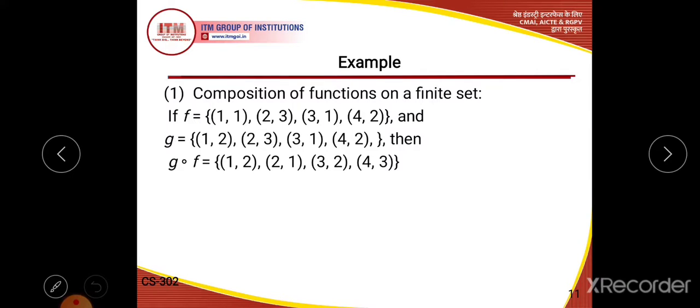The function f has ordered pairs (1,1), (2,2), (2,3)... (3,1) and (4,2). So f is a function having 4 ordered pairs. Similarly, g also has 4 ordered pairs (1,2), (2,3), (3,1) and (4,2). So f and g are given to us. Now we have to find the function g∘f.